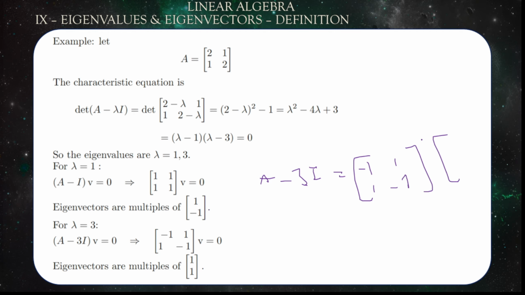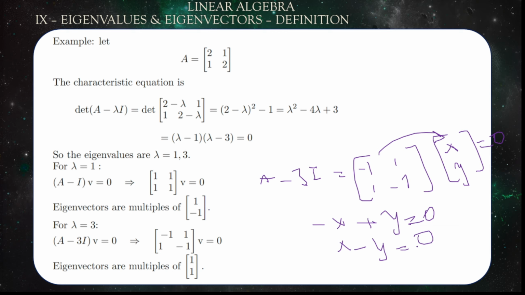Multiplied by vector v to be determined, which has coordinates x and y, is equal to 0. So the first equation is minus x, element by element, remember, plus y is equal to 0, and x minus y equal to 0.